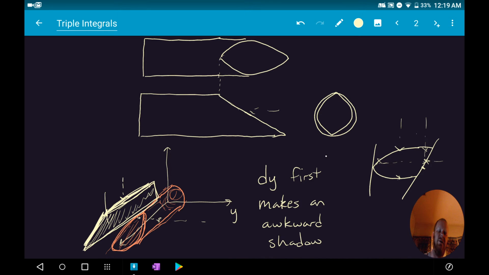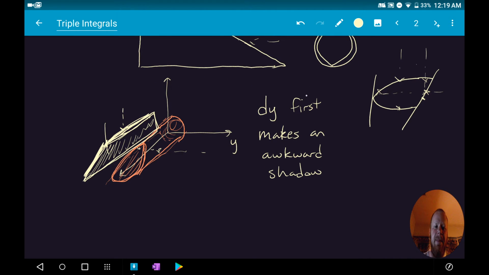Actually, this is really what it looks like, but I'll do this in a different color. Maybe dz, right? Because the shadow that gets left behind there looks kind of like this. That's going to be difficult to find.